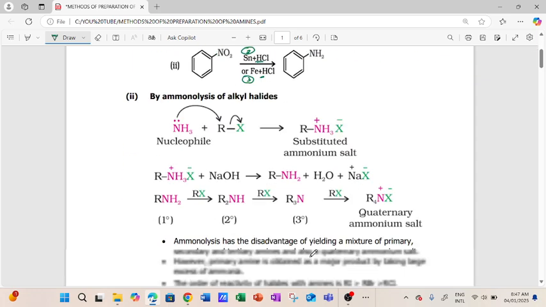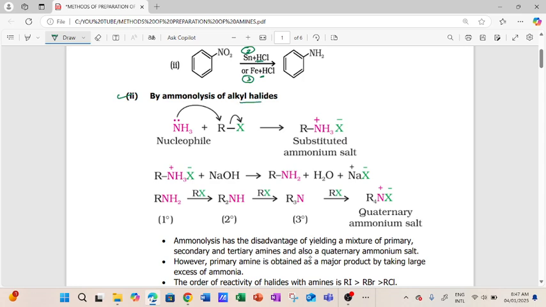That is number one. Second one is ammonolysis of alkyl halide. Alkyl halide is RX. You have to add ammonia to the alkyl halide. So you will get a substituted ammonium salt, and that substituted ammonium salt on reaction with NaOH gives primary amine.